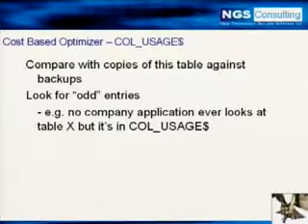For example, if we know that none of our company-wide web applications ever request data from table X, but wait a minute, there's an odd entry for table X in this call usage table, then that might indicate foul play.